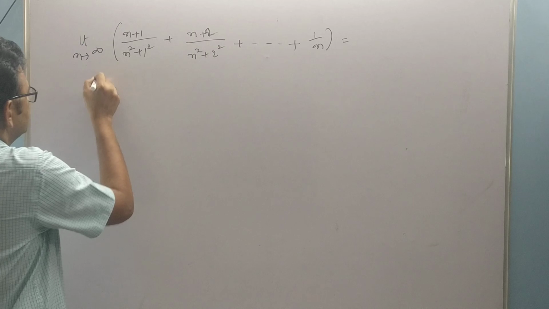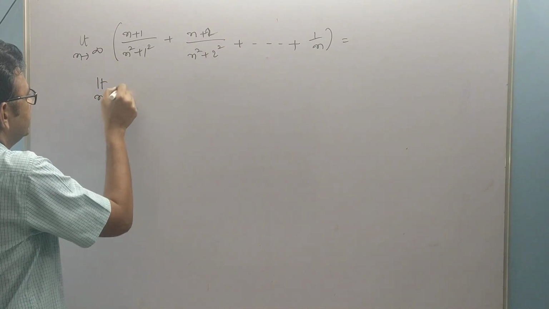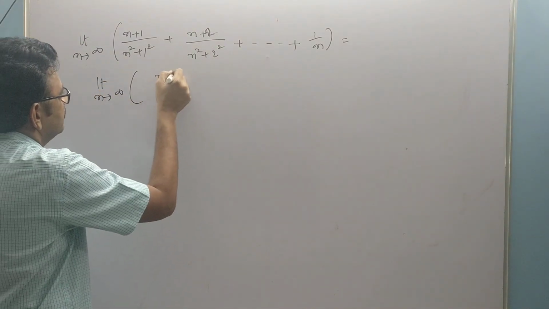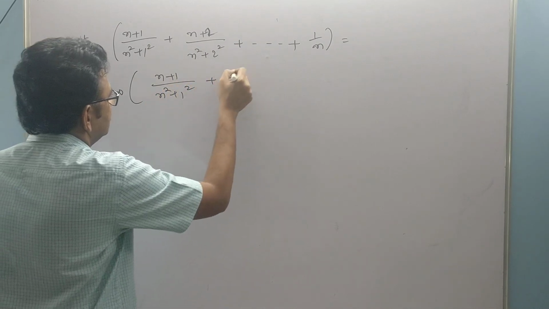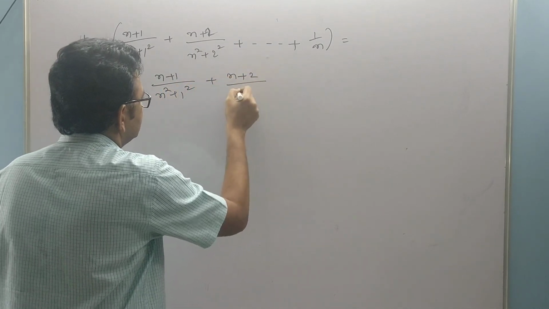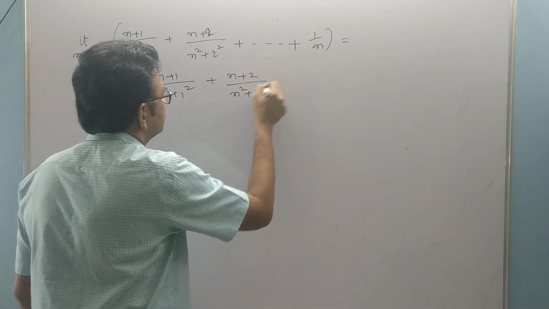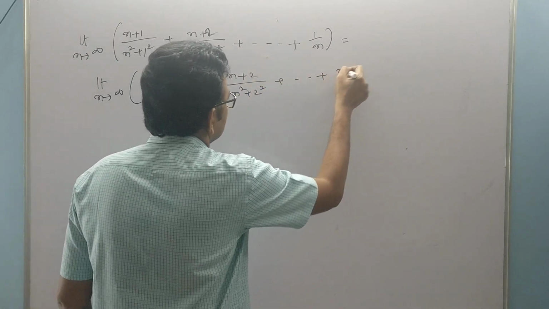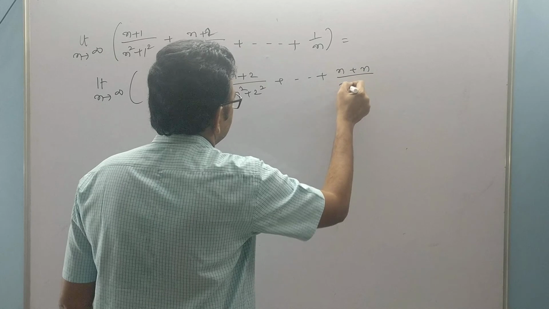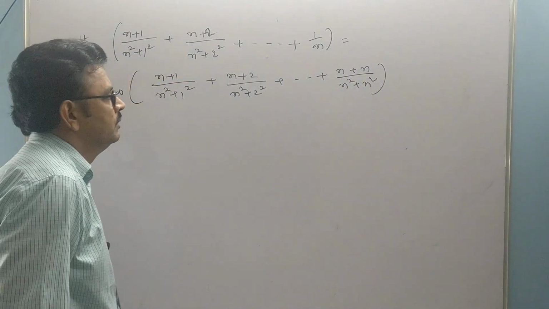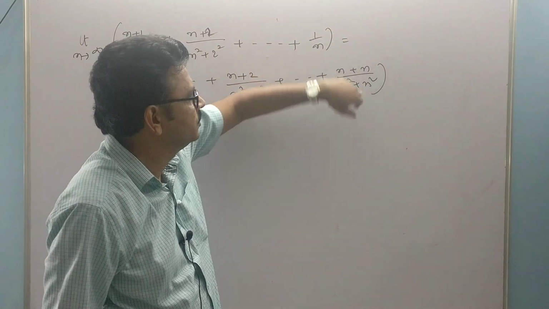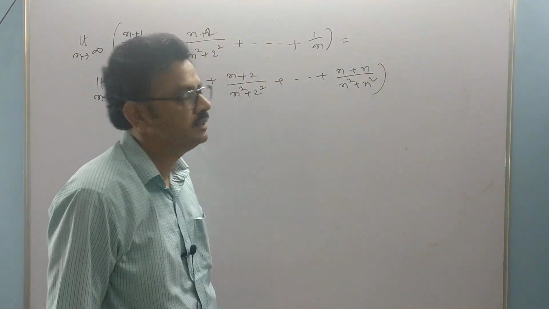That is equal to limit of n tends to infinity, (n plus 1) by (n square plus 1 square), (n plus 2) by (n square plus 2 square), plus and so on. Last one, (n plus n) by (n square plus n square), which is 2n by 2n square, that is 1 by n.